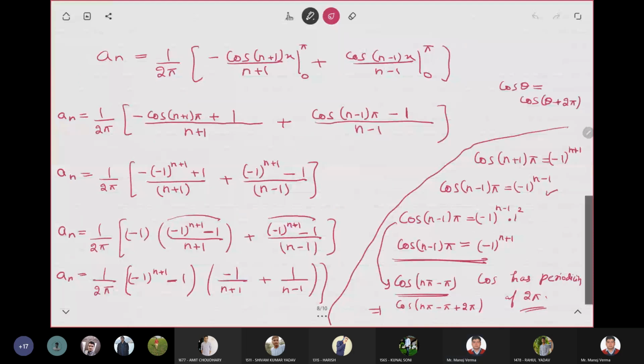Then we have taken the integration of sine which was cos, and it was plus. So this was minus, this was plus. Then I have inserted the value.